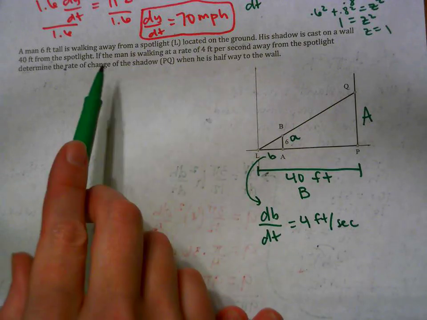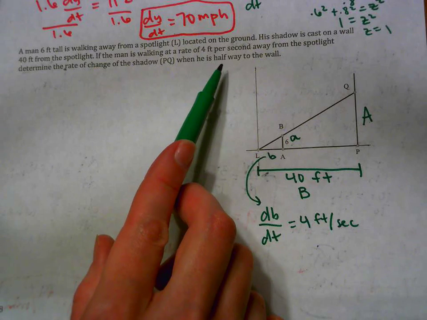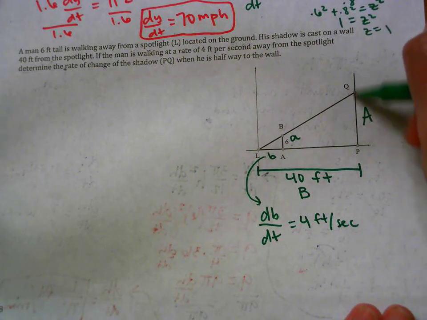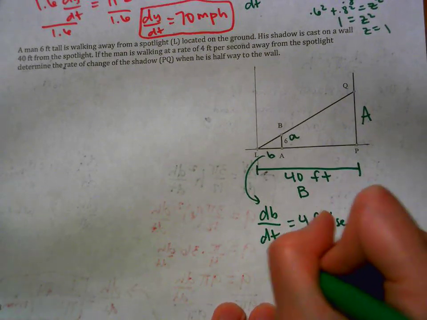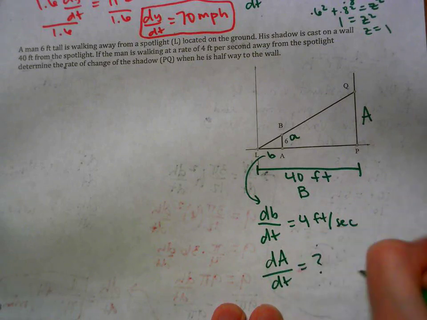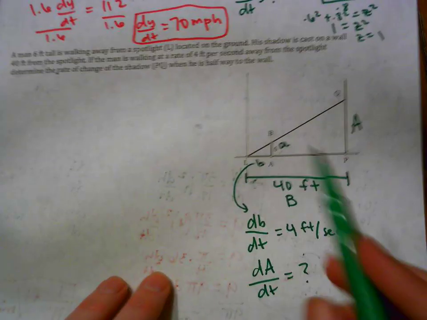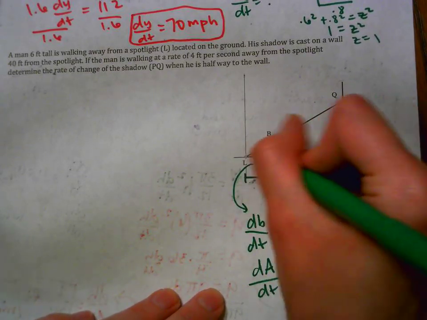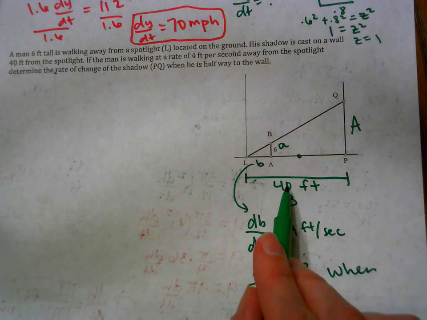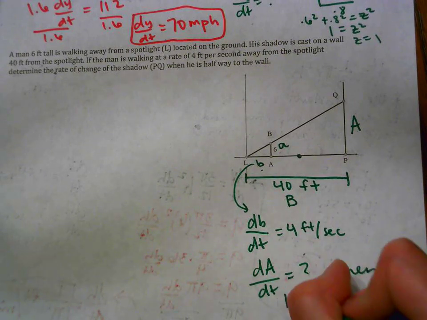And it says, determine the rate of change of the shadow when he is halfway to the wall. So we want the rate of change of the shadow. The shadow is on PQ, so it's capital A. So we're looking for dA dt when, now let's think about this. He is halfway to the wall. So when he's right here, and he's halfway, what does that mean out of these letters? We know capital B is always 40, but what does that mean for lowercase b? If he's halfway, it should be 20.